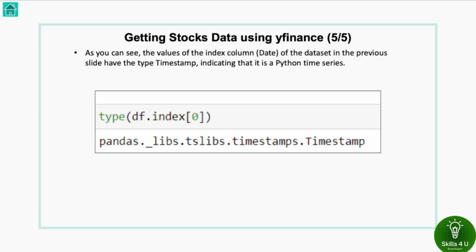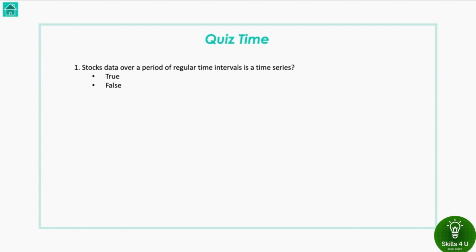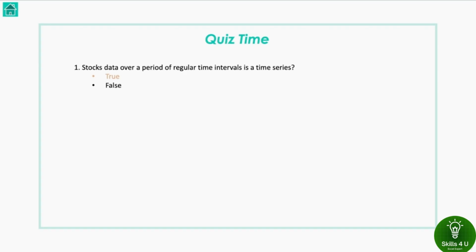The data type of each value of the index column in the data frame from the previous slide is timestamp, indicating that this is a time series. Here is a small quiz for you. Stock's data over a period of regular intervals of time is indeed a time series.